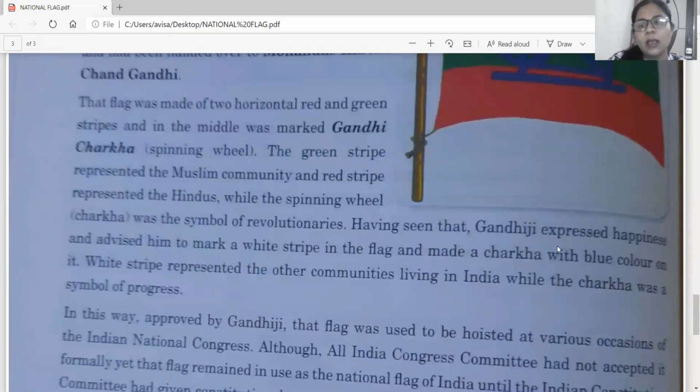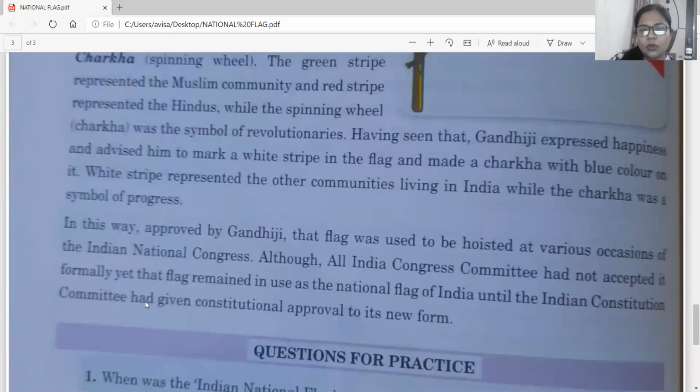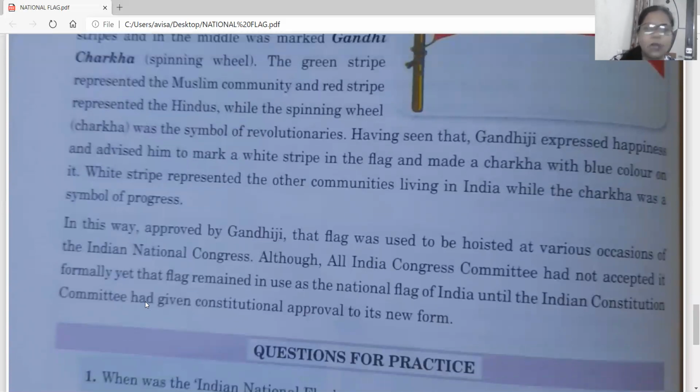Having seen that, Gandhiji expressed happiness and advised him to mark a white stripe in the flag and make a chakra with blue color on it. The white stripe represents the other communities living in India, while the charkha was a symbol of progress. So this white color denotes the other communities in the country.